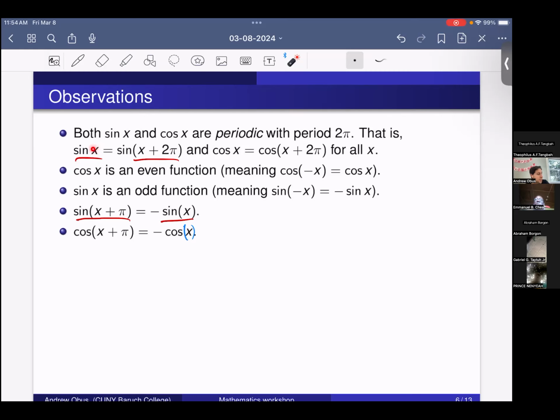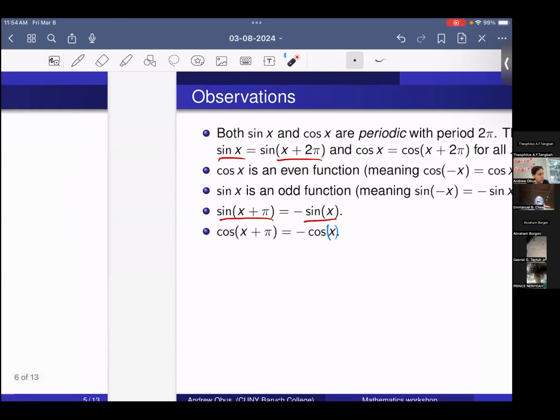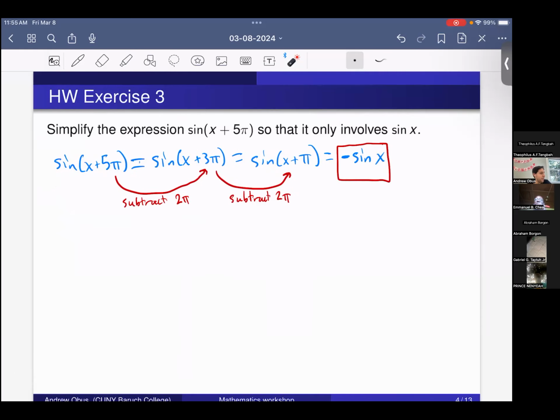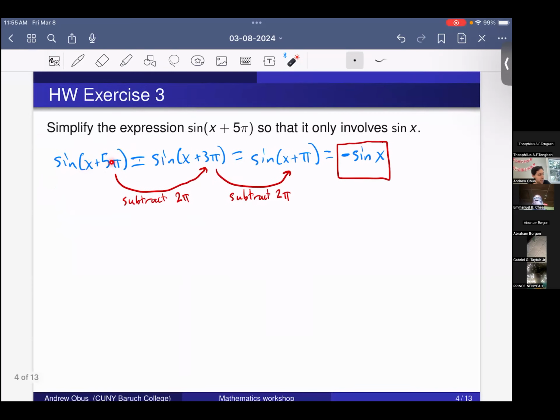For any angle, if you add 2 pi to it, sine is the same, and if you subtract 2 pi, sine is also the same. Over here we have sine of x plus 5 pi. That's some angle, whatever angle that is. If we add or subtract 2 pi to it, the value of sine is not going to change. So to simplify this, I keep subtracting 2 pi to get closer to x. I first subtract 2 pi and get x plus 3 pi. I subtract 2 pi again and get x plus pi. So I have sine of x plus pi.